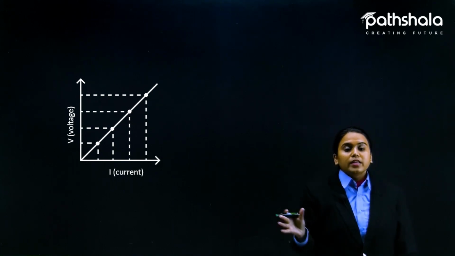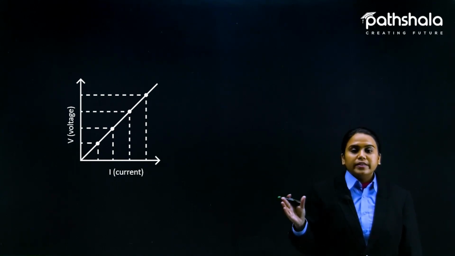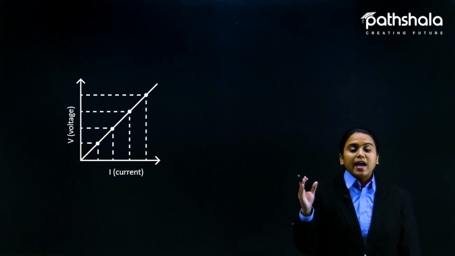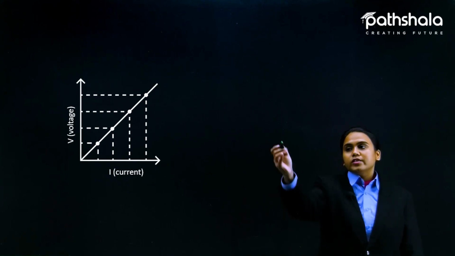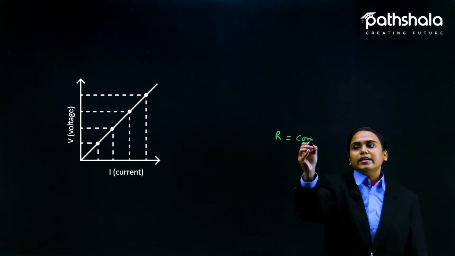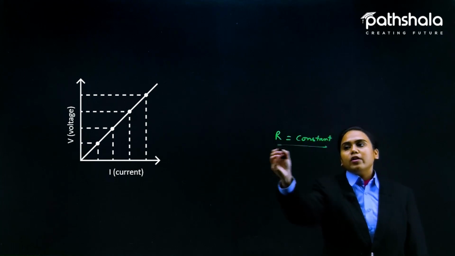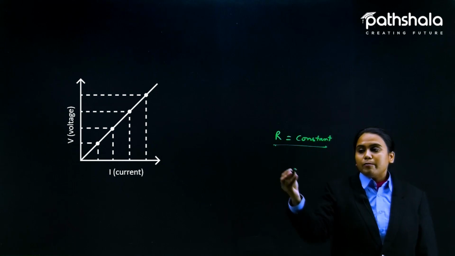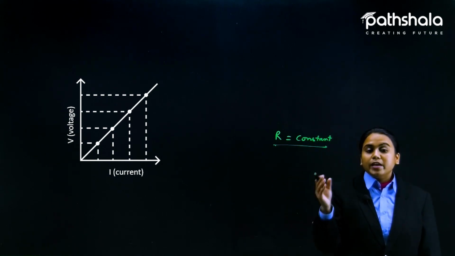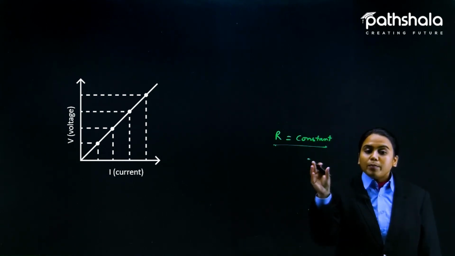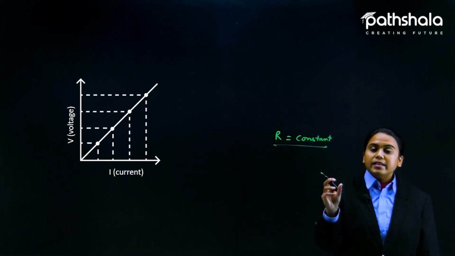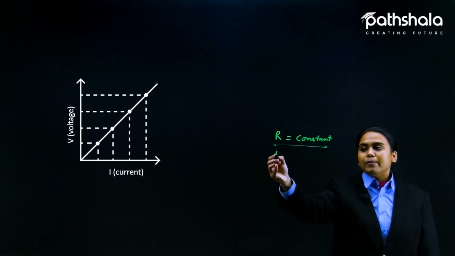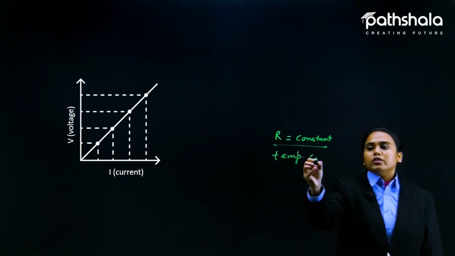Here the x-axis would be taken as the current and the y-axis would be taken as the potential, that is voltage. And because R is constant, you know that for any kind of appliance, like in the earlier example we have taken a bulb or a fan, for a particular appliance R would be constant always unless and until the temperature is also constant.